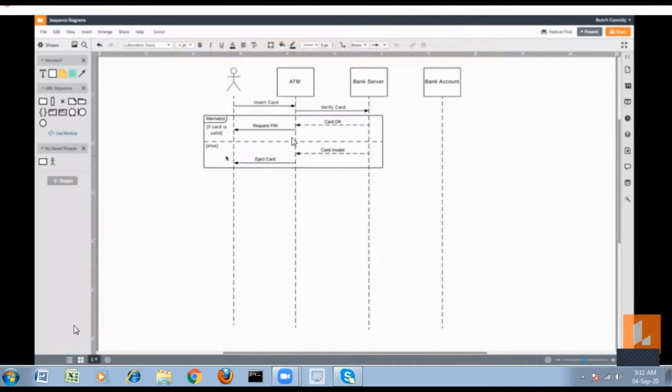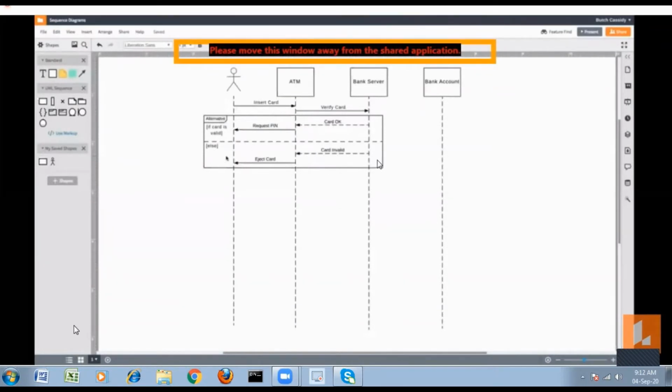There's one event on which alternative actions can happen. After verifying, if the card is correct, it will say card okay, but if it is not valid, then it will say card invalid, and it will not request the user to enter the PIN. It will tell the user to eject the card because the card is not valid, right?